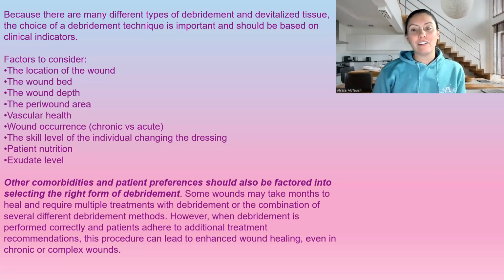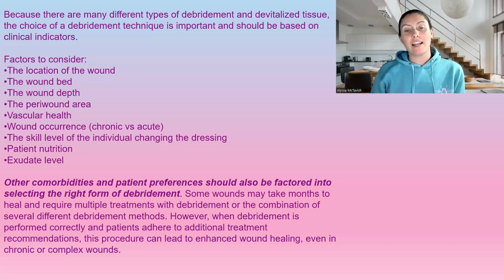And then the level of skill of the individual to change the dressing. So say we're doing autolytic or enzymatic debridement, can the patient perform the wound care to the extent of where the debridement's actually going to work? Okay, so we got to keep that as a factor.